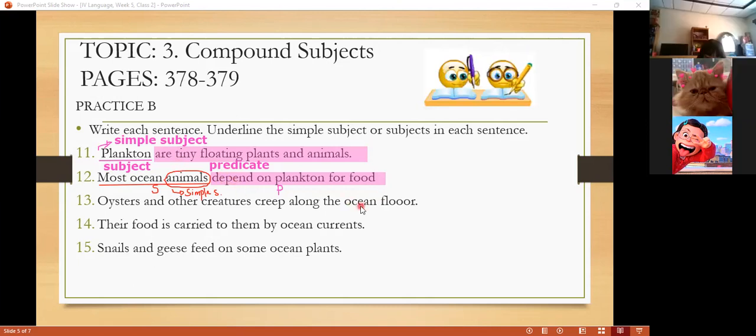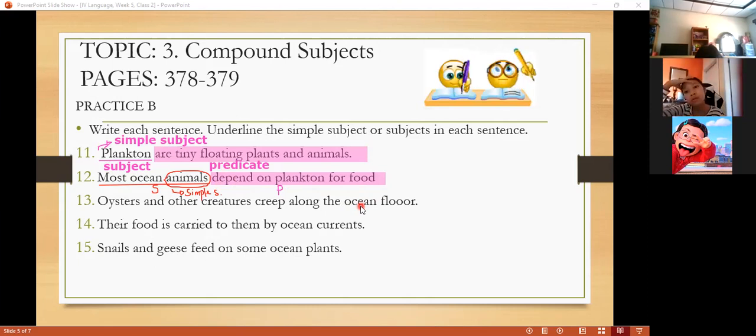And the third one is: oysters and other creatures creep along the ocean floor. The subject is oysters, and the predicate is other creatures creep along the ocean floor. Are you sure?